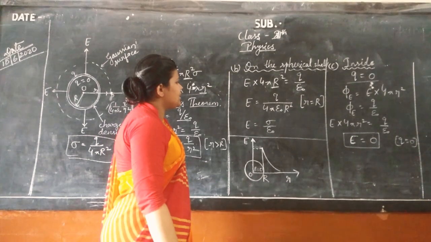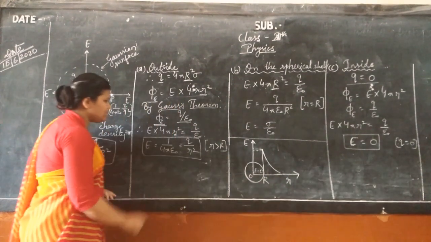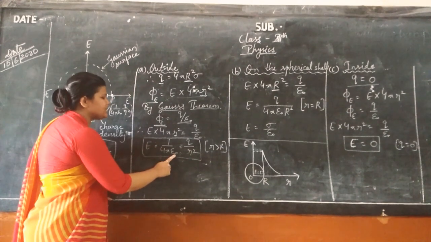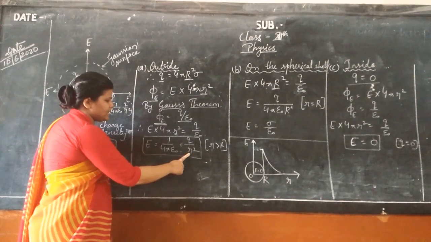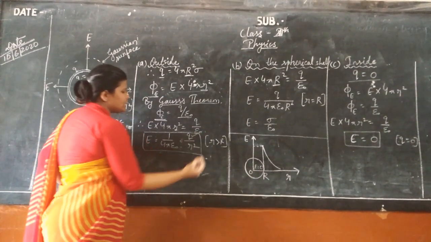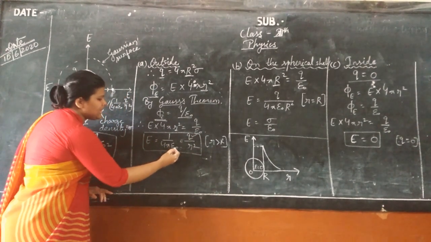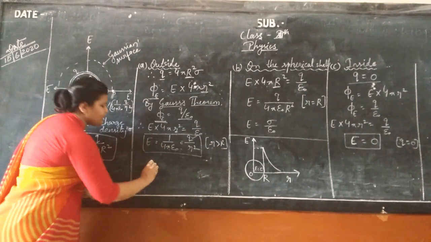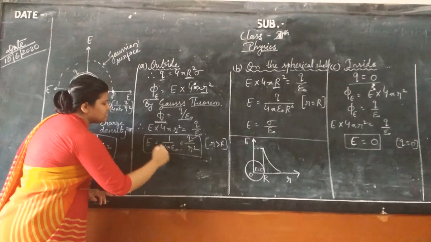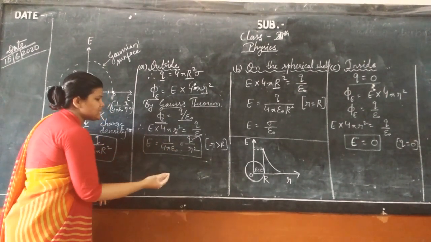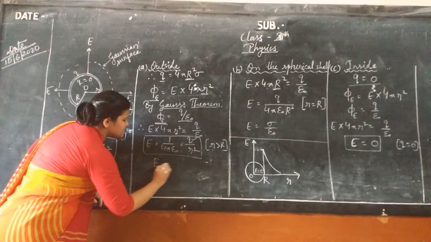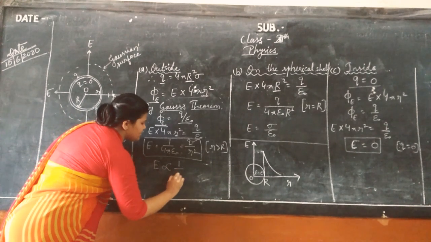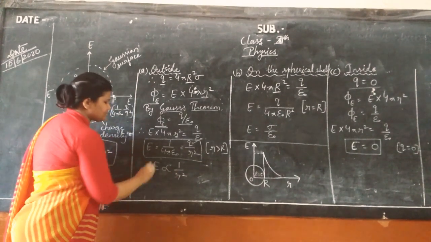Now one more thing I want to tell you. Here in this equation you can see E equals to 1 upon 4 pi epsilon naught Q upon r square, where Q is constant, 4, pi and epsilon naught, they all are constant. So when we assume these all as constant and remove them, one proportionality sign will be introduced: E is directly proportional to 1 upon r square.